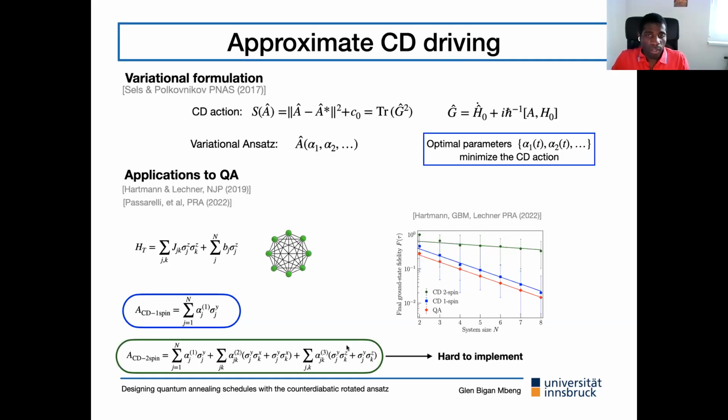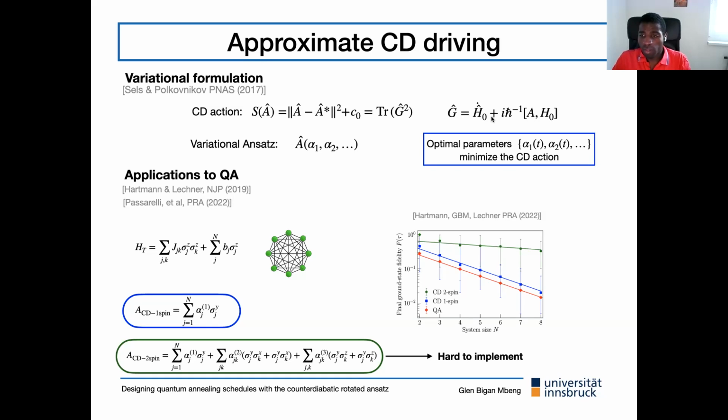So in this case, a great step forward in applying these counterdiabatic driving techniques to many-body systems, and in particular to quantum annealing, was achieved by Sels and Polkovnikov in 2017, where they show that the distance between an arbitrary operator A and the exact gauge potential can be quantified, up to a fixed constant, by the trace of the square of this operator that we write here on the right.